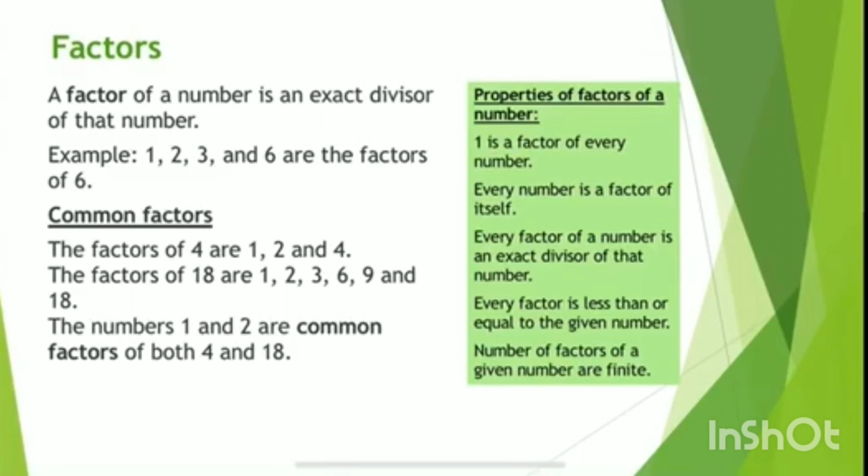Every factor of a number is an exact divisor of that number. Every factor is less than or equal to the given number. The given number is finite, that means it has a finite value, and factors are always less than or equal to the given number.